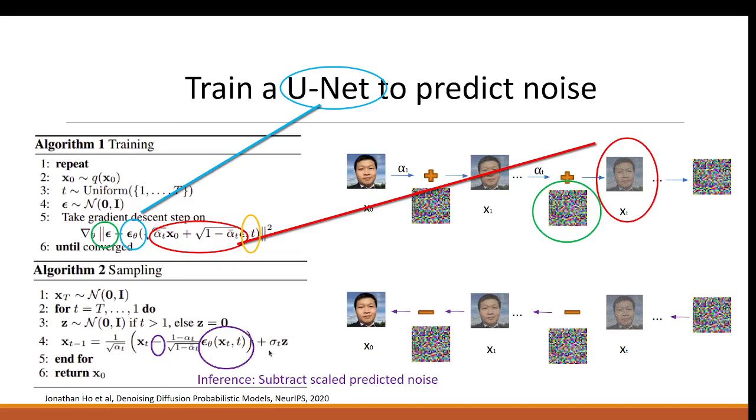It comes from the math, but as we understand it from a high level, to train, we scale and add noise, and to do the sampling, we do the reverse. We get a noise and scale, and then subtract the noise from the noisy image. Then the image becomes less and less noisy, and finally creates very crisp images. So this is the algorithm you need to know to train the diffusion model.